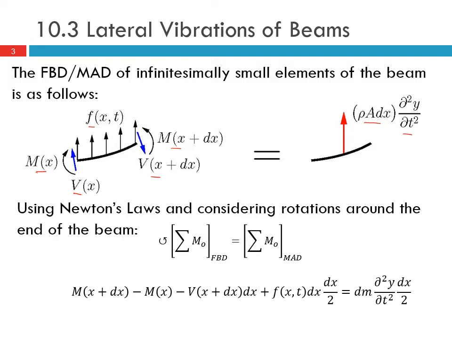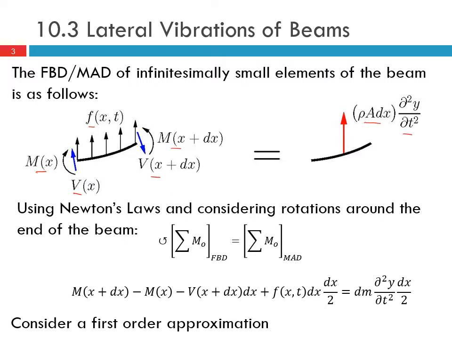The moment is given by this bending moment, m of x plus dx, minus m of x, minus the moment caused by the shear force, v of x plus dx times dx, plus this distributed load, f of x and t dx, times, assuming it's acting at about the half distance, so dx over 2, and that's equal to dm, which is the rho a dx, times partial 2y by partial t squared, and again that's acting in the middle of the beam, so dx over 2 is the moment arm.